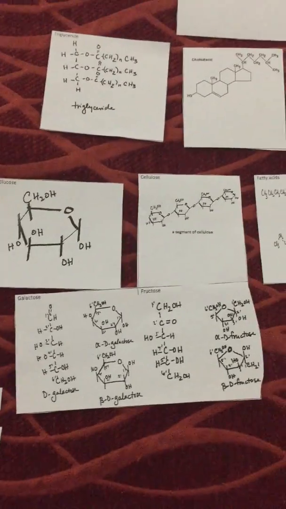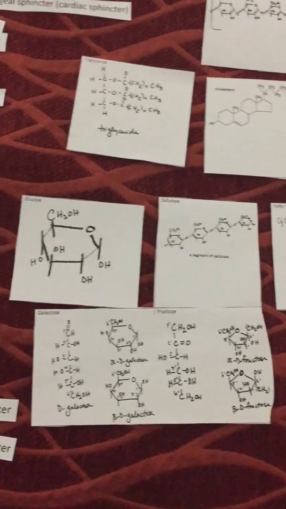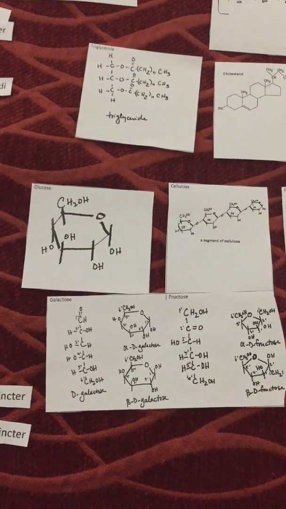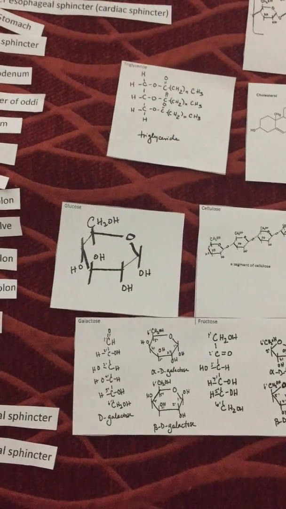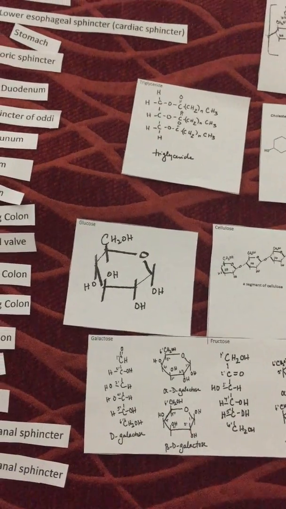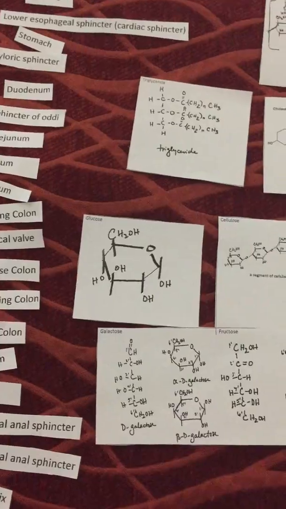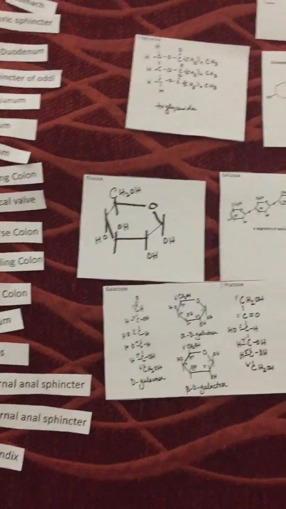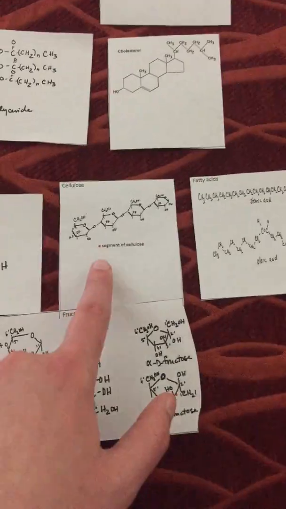Glucose, fructose, and galactose, so there's our glucose, fructose, and galactose, are all transported out of the enterocyte through another hexose transporter in the basolateral membrane. Cellulose, there's our cellulose.